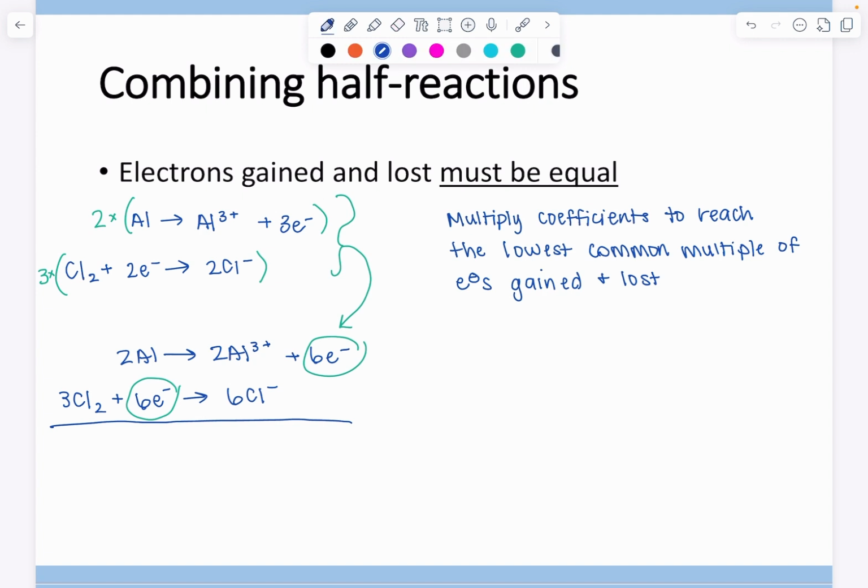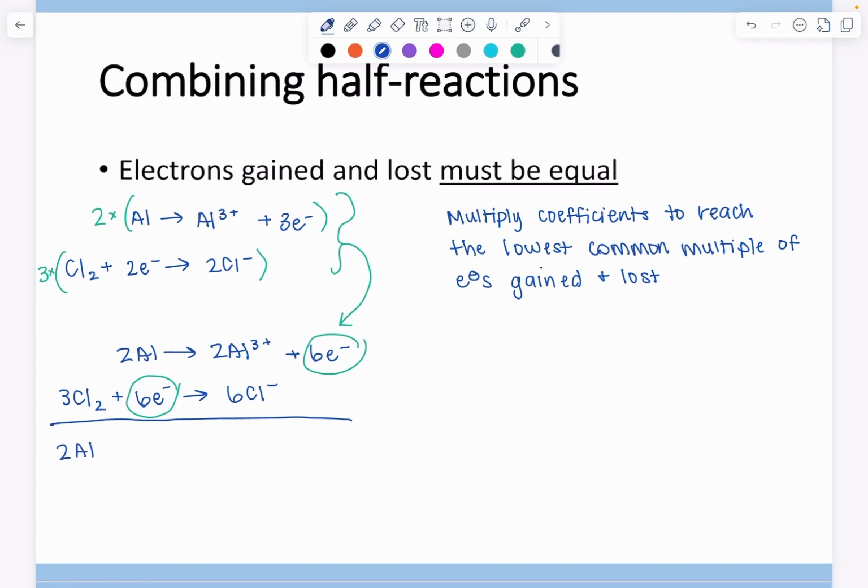To combine, we could write 2 Al plus 3 Cl2. We can cancel out electrons now. We have 2 Al3+ and 6 Cl-. This is the combined half reaction.